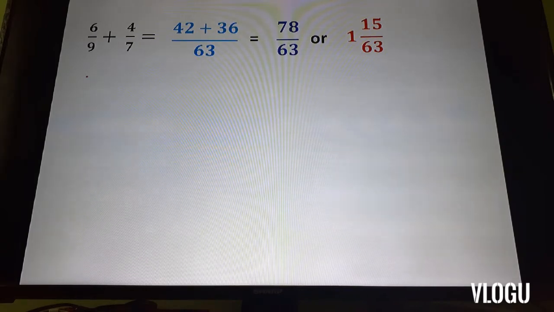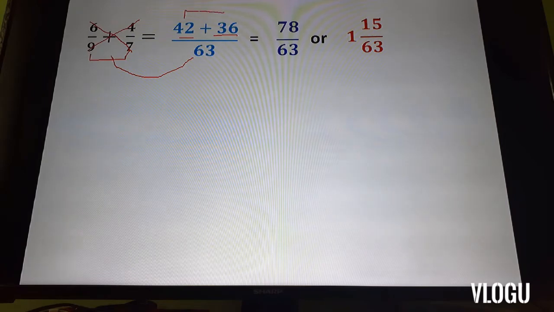But how? Well, as what we have done for our previous example, you have to follow our steps. First, multiply 9 times 7, 63. 6 times 7, 42. 4 times 9, 36.